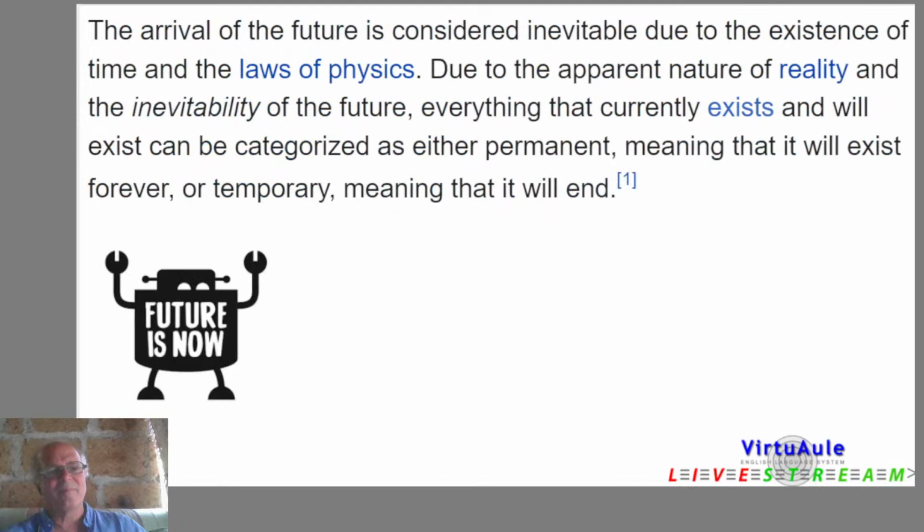We have here the arrival of the future is considered inevitable due to the existence of time and the laws of physics. Due to the apparent nature of reality and the inevitability of the future, everything that currently exists and will exist can be categorized as either permanent, meaning that it will exist forever, or temporary, meaning that it will end.